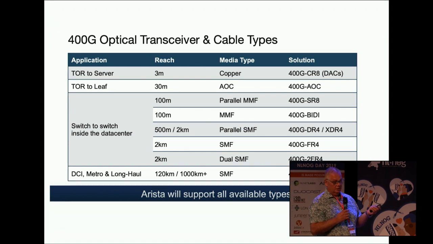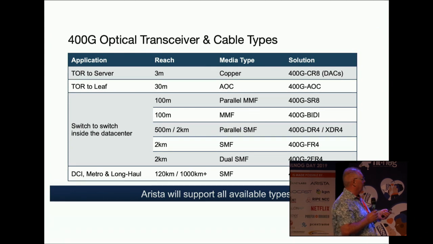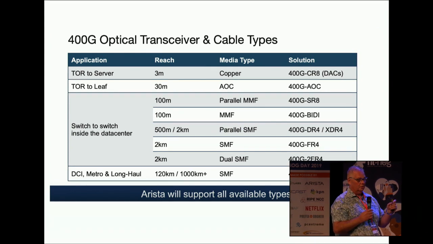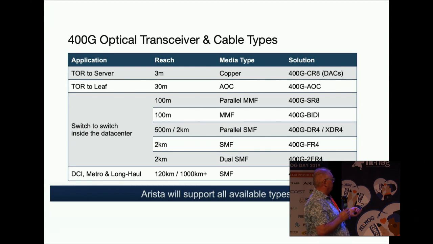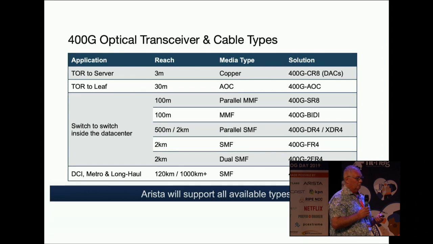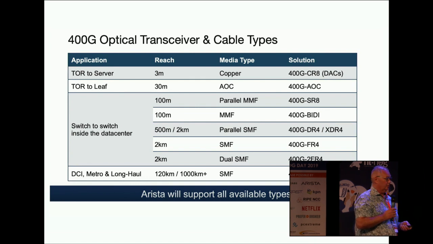There are the existing LC cables, there are existing MTP or MPO cables, but there's also a double density LC cable. The good thing about the 400 gigE is there's a ZR plus standard also available, which basically provides you the long haul interfaces for your 400 gig.